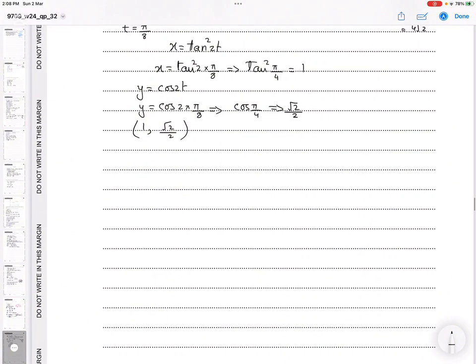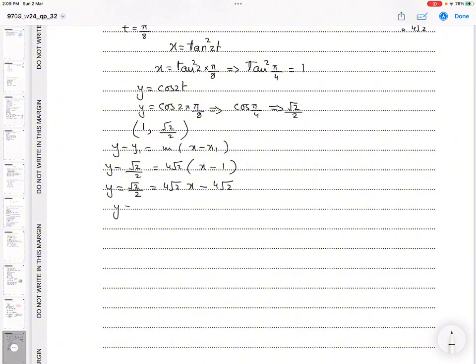Now equation of normal, so use y minus y1 equals m into x minus x1. So y minus root 2 over 2 equals m is 4 root 2, x minus 1. So y minus root 2 over 2 equals 4 root 2 x minus 4 root 2.